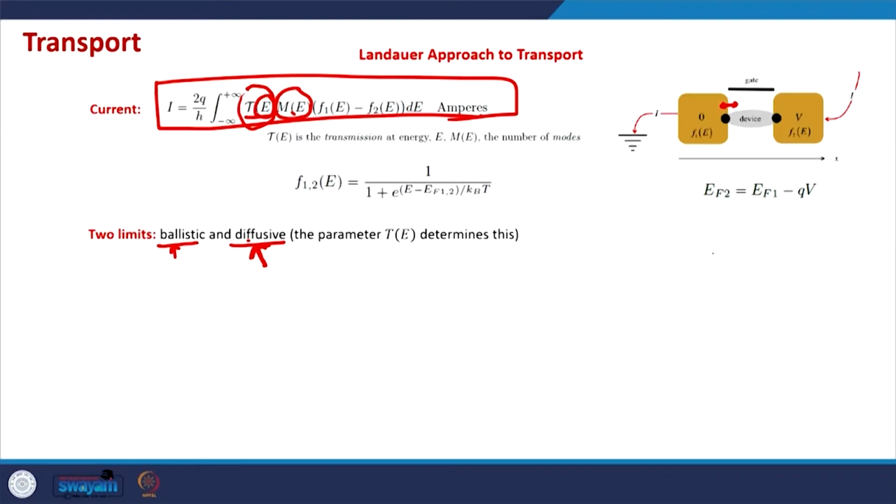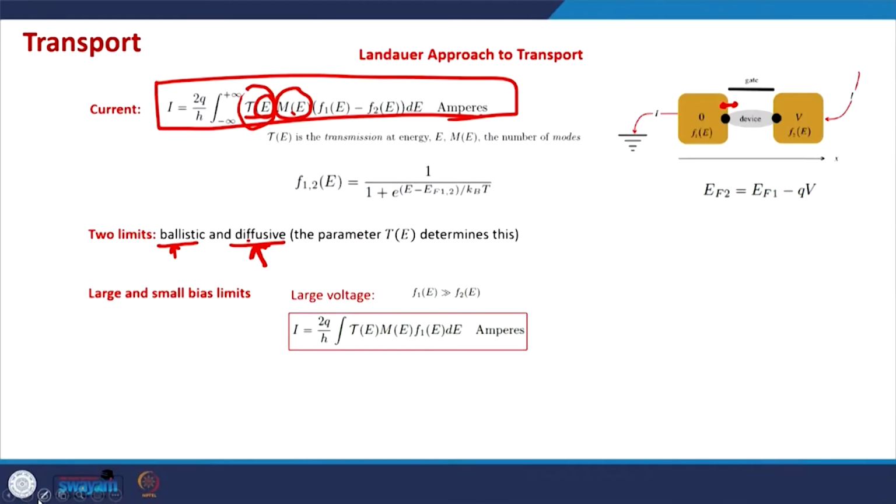But this treatment is fairly general as compared to the traditional treatment, and it can explain most of the electrical characteristics of modern day MOSFETs. The MOSFETs which are a few tens of nanometers in size, whose channel length is maybe 10 nanometers.